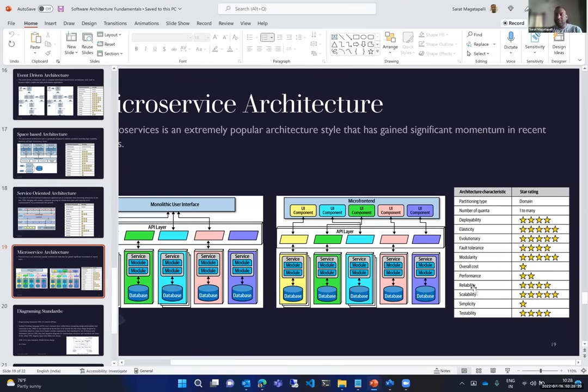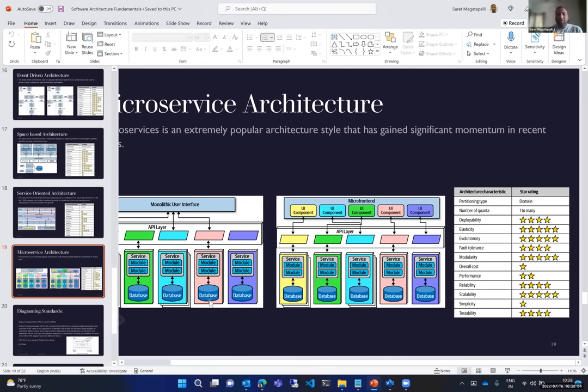Microservice is rated high because of scalability, right? You can scale your application easily by adopting the microservice architecture, but you have some cons. It is costly. You need to spend a lot of money and a lot of resources in order to implement something in the microservice architecture.